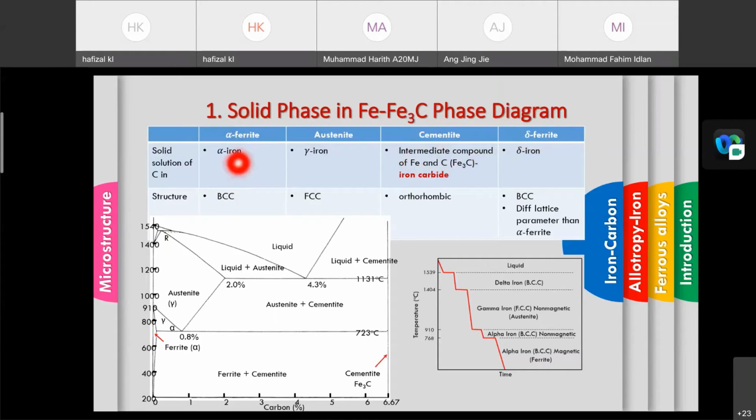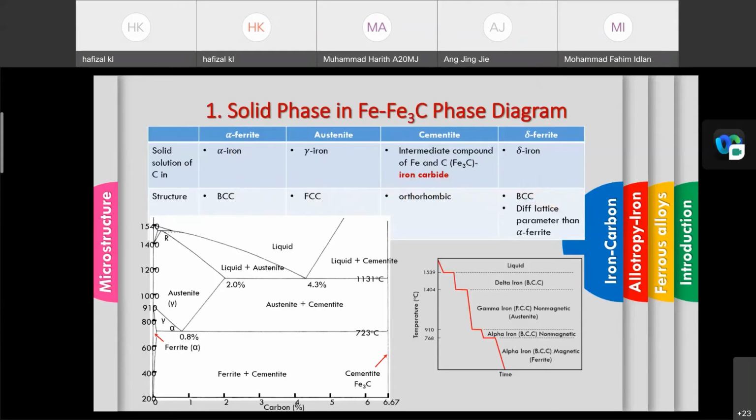Okay, so if we look at the unit cell, because of the electron difference, it will produce for the alpha ferrite BCC, austenite is FCC, cementite is orthorhombic, and finally the delta ferrite is in BCC.